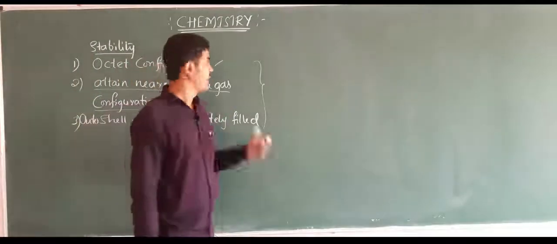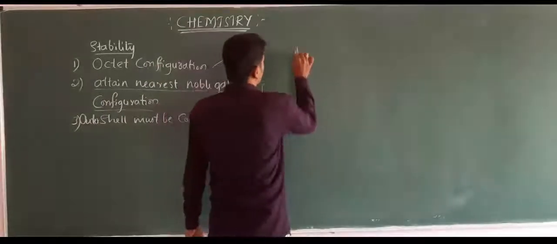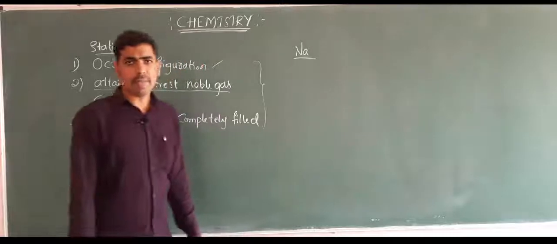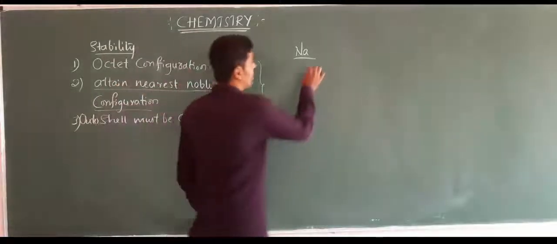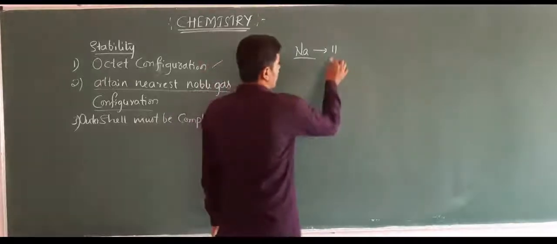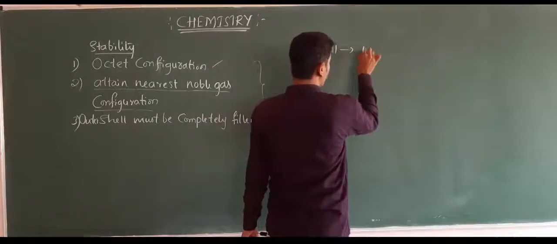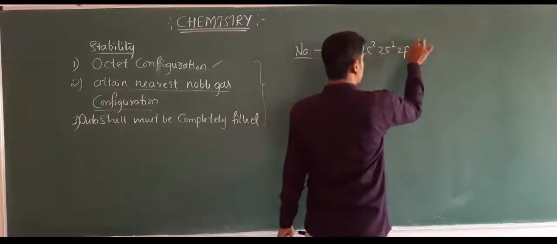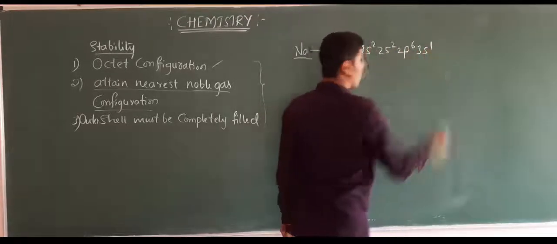So if I consider the sodium atom, its atomic number is 11 and its electronic configuration will be 1s2, 2s2, 2p6, 3s1.